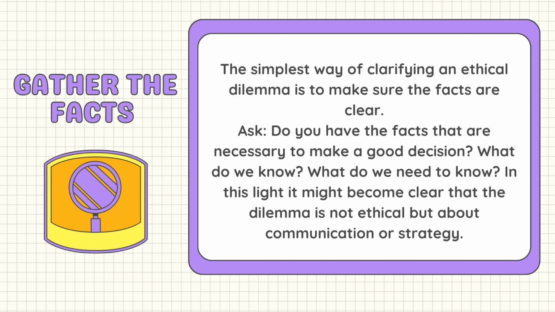This shows the importance of understanding the full story before judging. Many situations that seem unethical at first can be clarified once we have all the information. So it is very important to gather the facts first before judging.